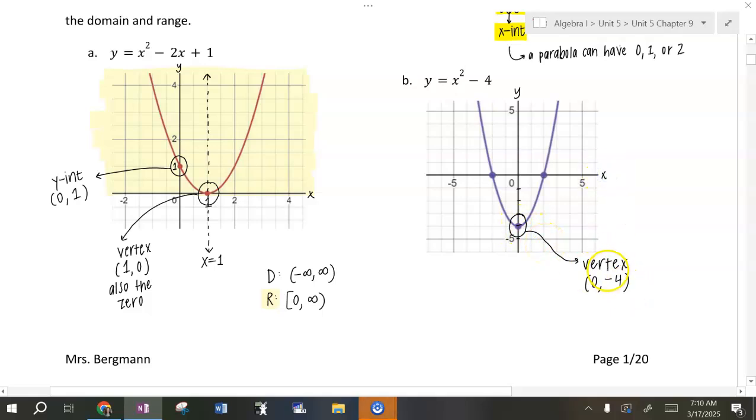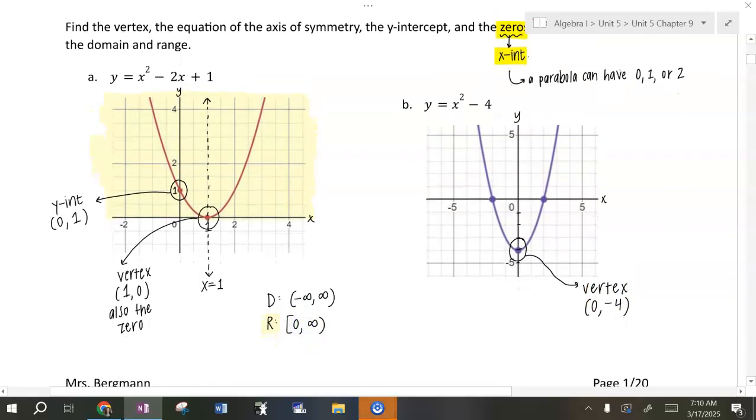Now, let's figure out what is the equation for the axis of symmetry. It's going right through the y-axis. My axis of symmetry is x equals 0. My y-intercept here actually happens to also be my vertex, because that's where it hits the y-axis.